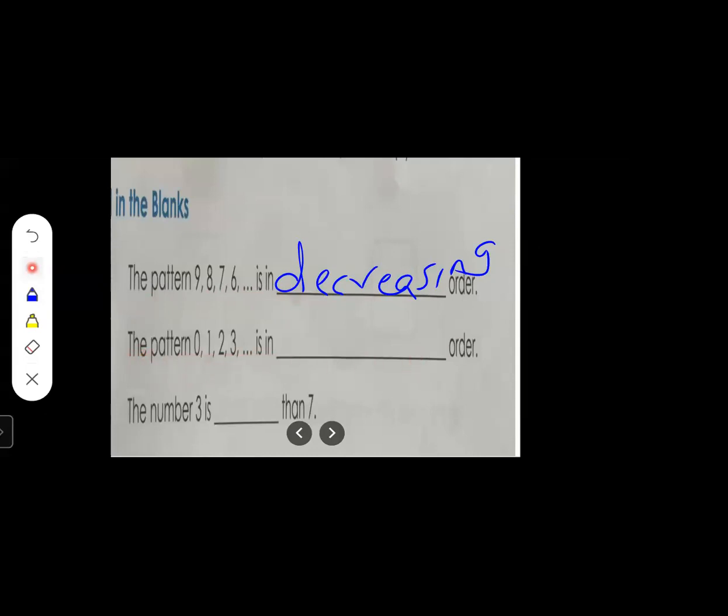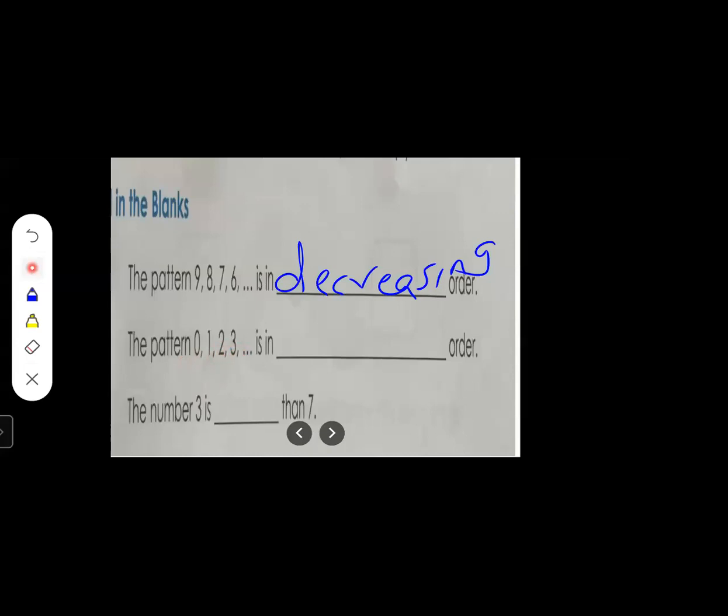The next one: the pattern 0123 is in dash order. So it is in which order, students? The pattern 0123 is in increasing order. 0 is the smaller number, 3 is the bigger number, right?